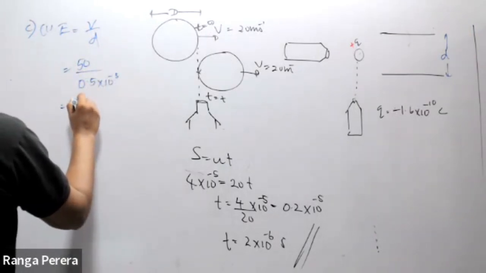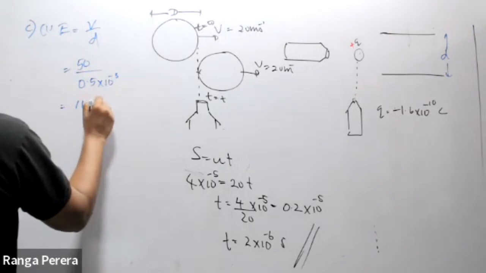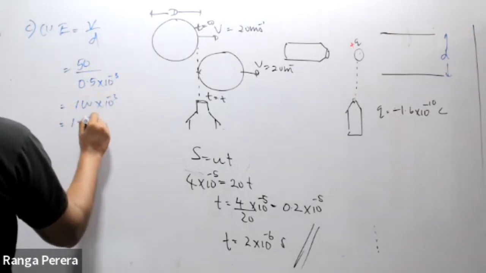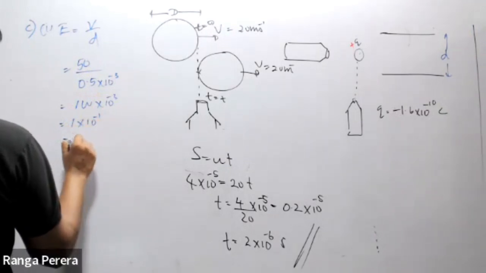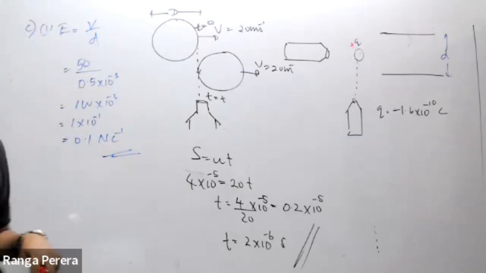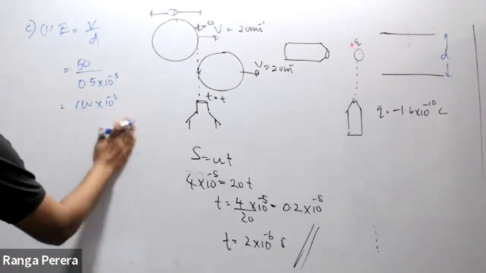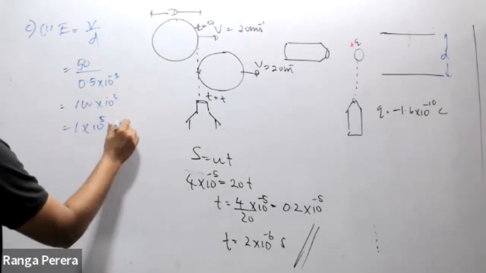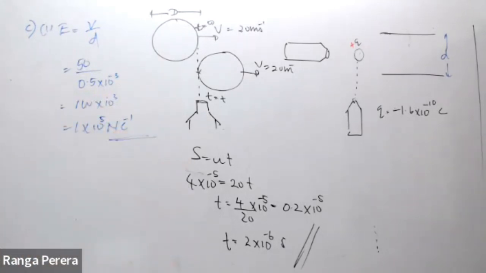According to this, it is 50 divided by 0.5 into 10 to the power minus 3. Is that the answer? No, it's wrong. It is 1 10 to the power 5 Newton per coulomb. This is the electric field intensity.